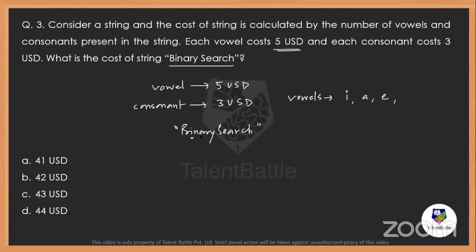Okay, see, I is there, A is there, after that E is there, and again A is there. Means 2 times A has occurred in the provided string. So 4 vowels, if I consider them in duplicate values. Okay, so we have to cross check the final answer. Then consonants remaining, that is B, N, R, Y, S, again R, C, and H. So 8.